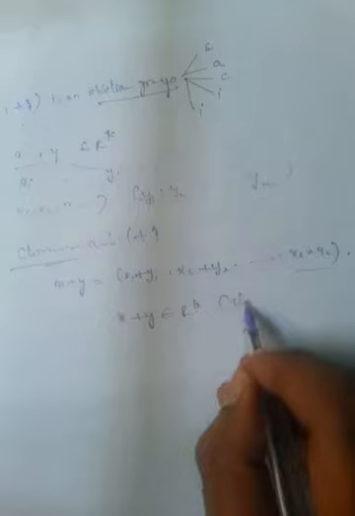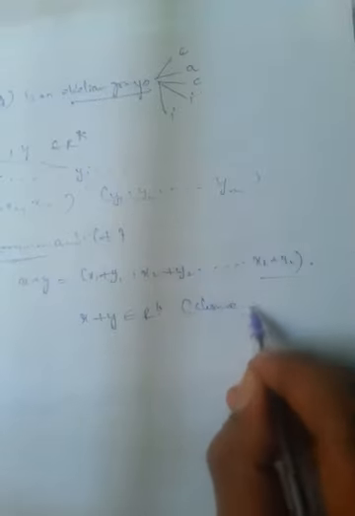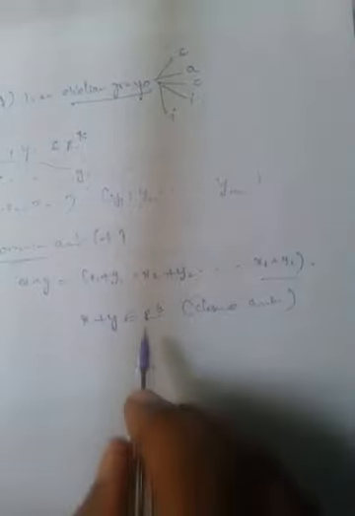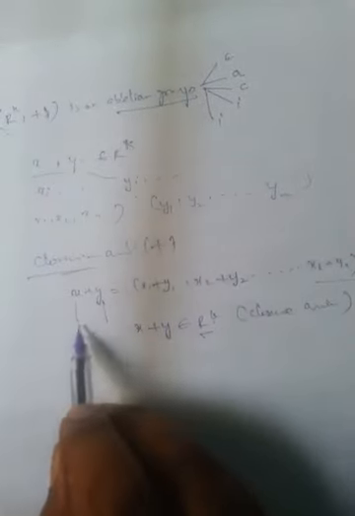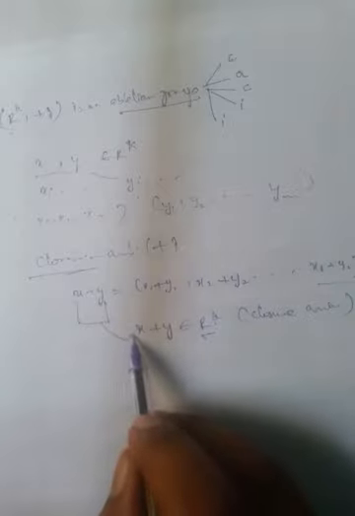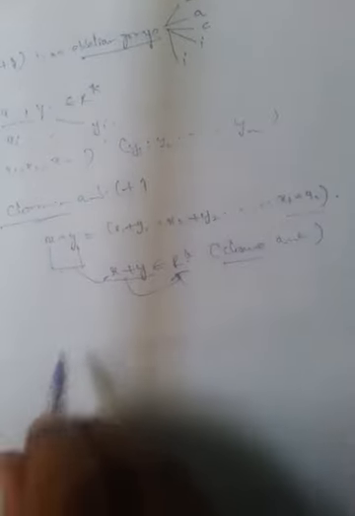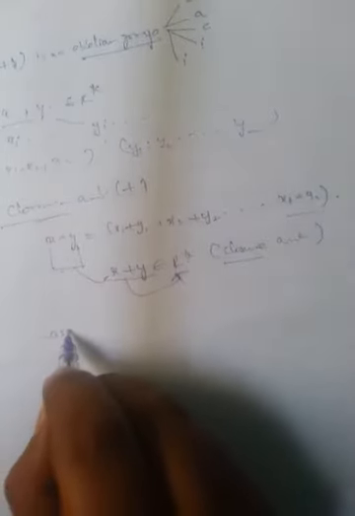So we can consider that it is a closure axiom, since it is belonging back to the set that we have previously selected. This x belongs to R^k, y belongs to R^k, and we get that the sum also belongs to R^k, and we can say that it is closed. Now, the second thing that we have to consider is the associative property.